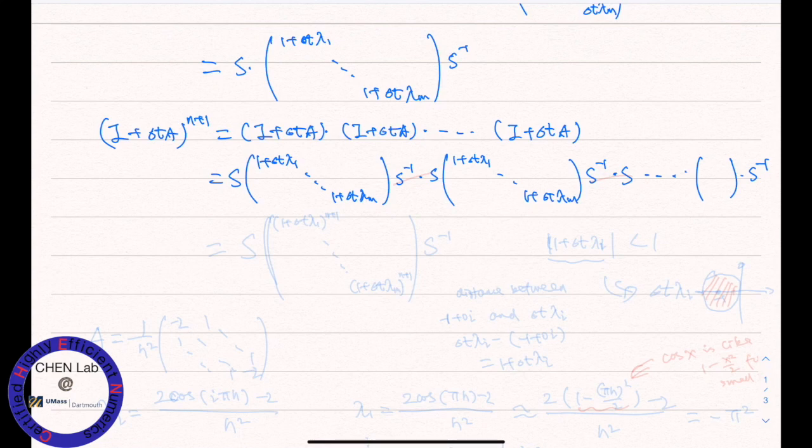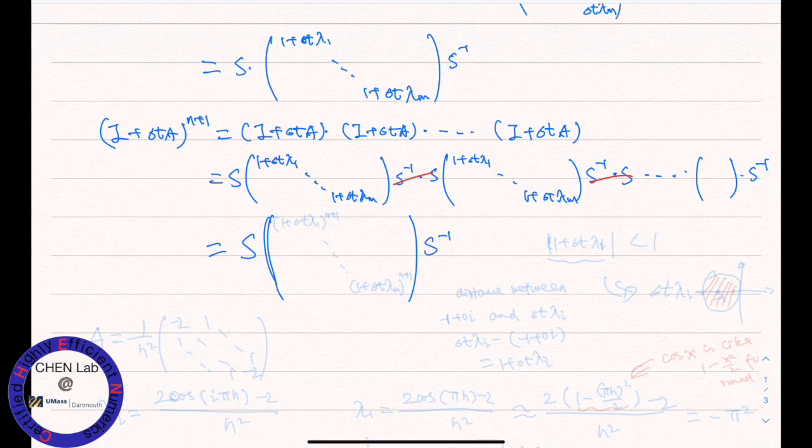So you see that this S inverse and S cancel each other. All these intermediate ones are canceling, because S inverse times S is identity. So we have one S left, and another S inverse left in the very end. In the middle, what's left is a product of diagonal matrices.